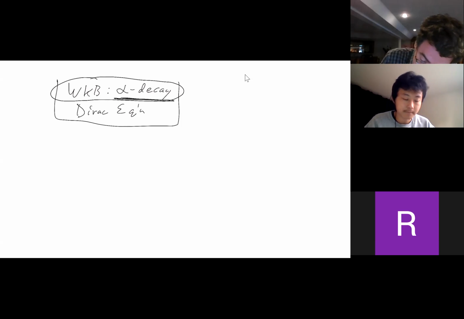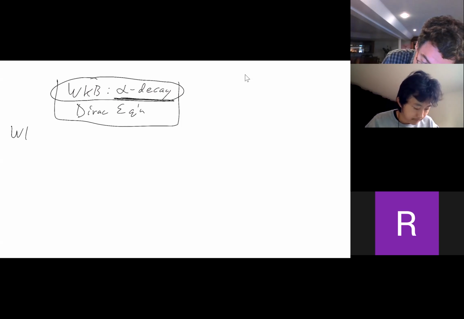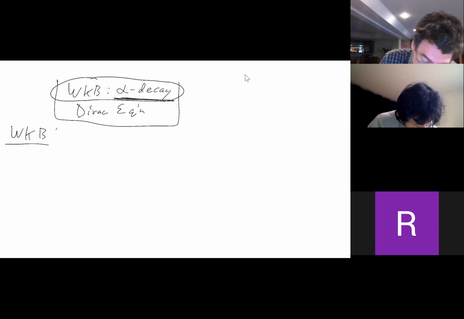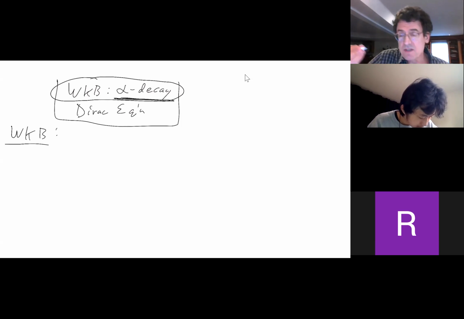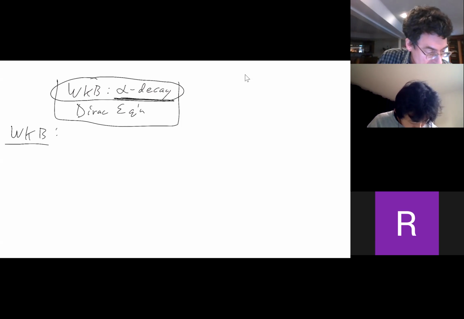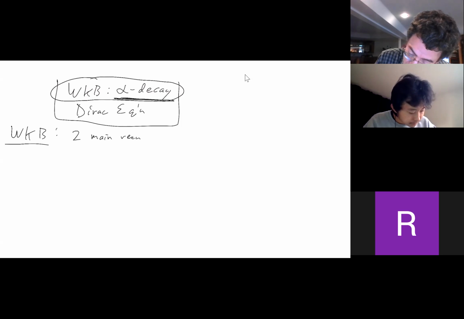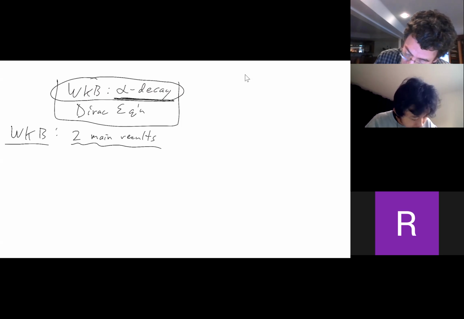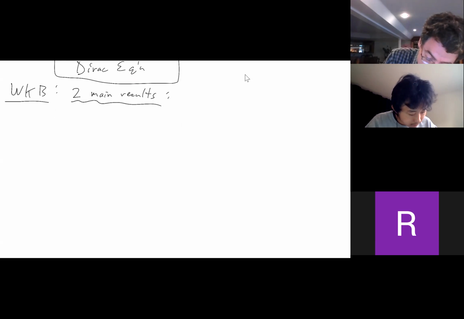And so to begin, let's remind ourselves what WKB even is. It's an approximation technique that we described before, but there are two main results, which we derived. The first main result is with bound states.